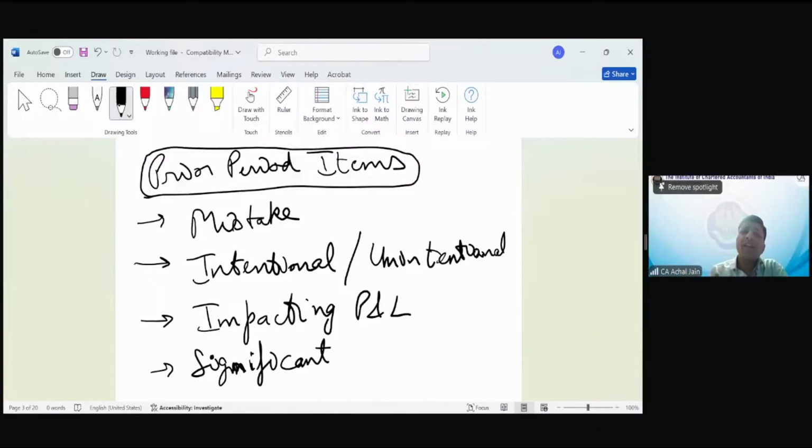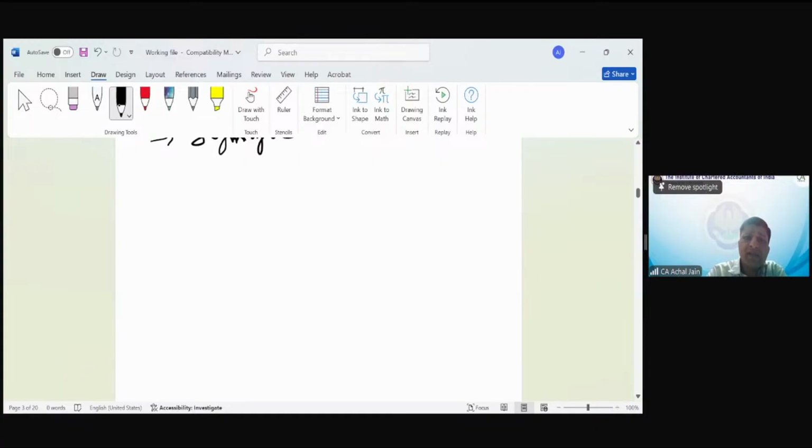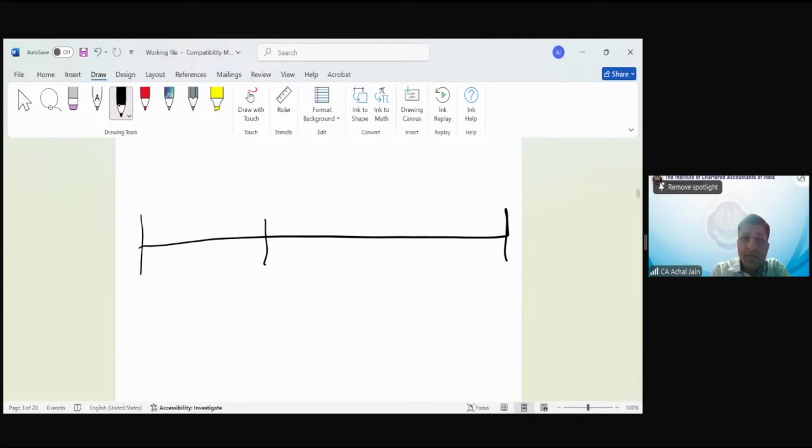Now, how is this required to be considered and accounted for? Let's take a very small example to discuss this. Say we are looking at 2024-25. In 2024-25, the accountant was doing the accounting and preparing the financial statements, and he came across an error.